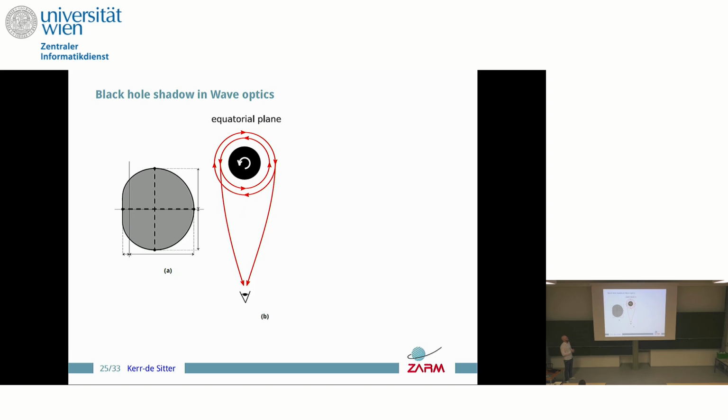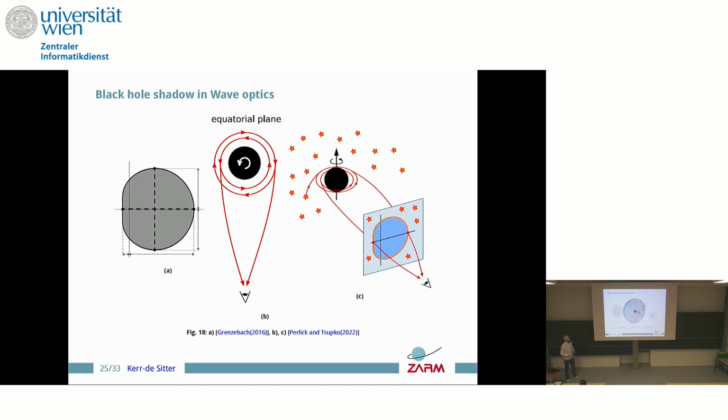So this is in the case for a rotating black hole closer for co-rotating geodesics and far away for counter-rotating geodesics. And we are coming from a different perspective. We cannot calculate wave optics going back in time. So we have a point source somewhere and it's being scattered to our observer. So the problem here is that we only take one point source.